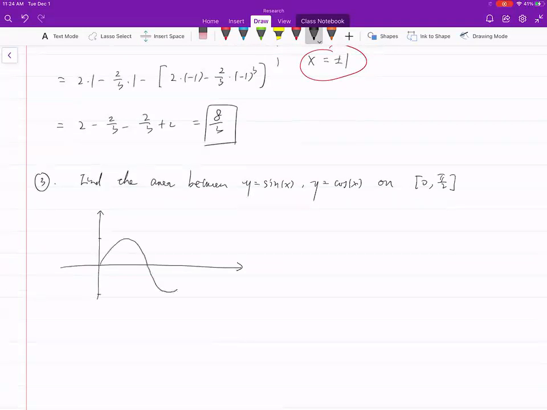Sine, pi over 2. Okay? To remember how to draw cosine, take the whole thing, shift to the left, you start from here. That's cosine.